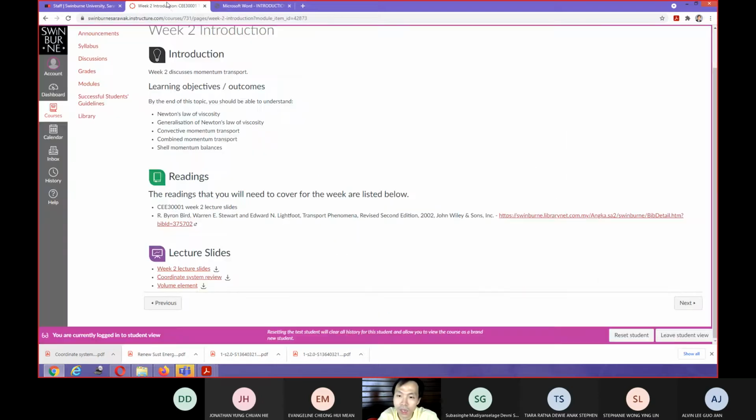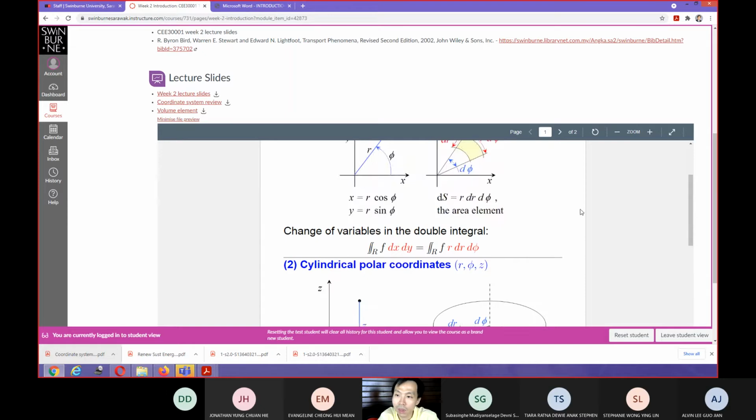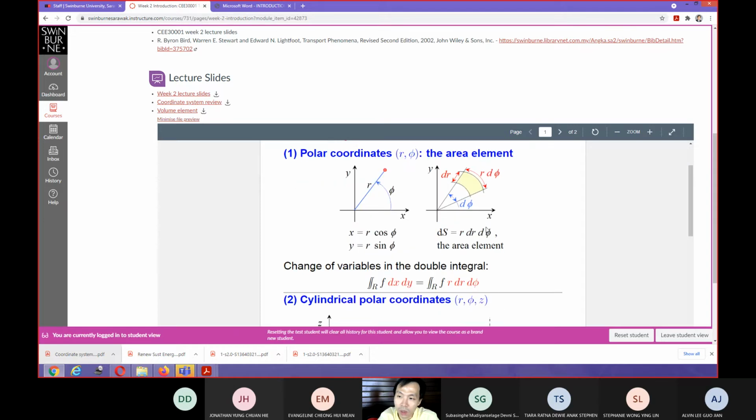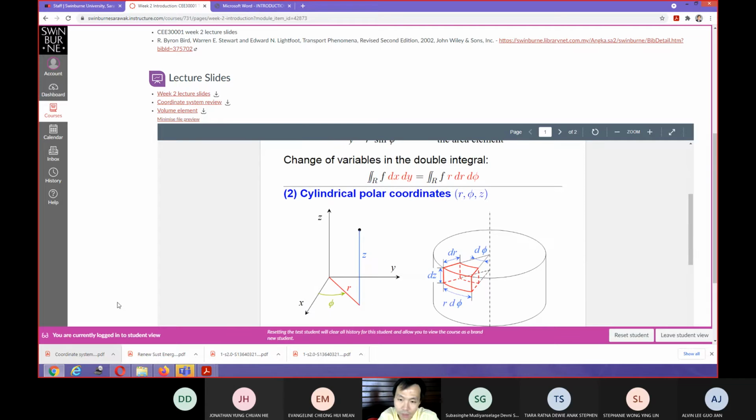So you may want to look in here and refresh a little bit. I also give the volume elements in here. These things will become handy later on as we deal with momentum transport. So this is something very important for you to check again.